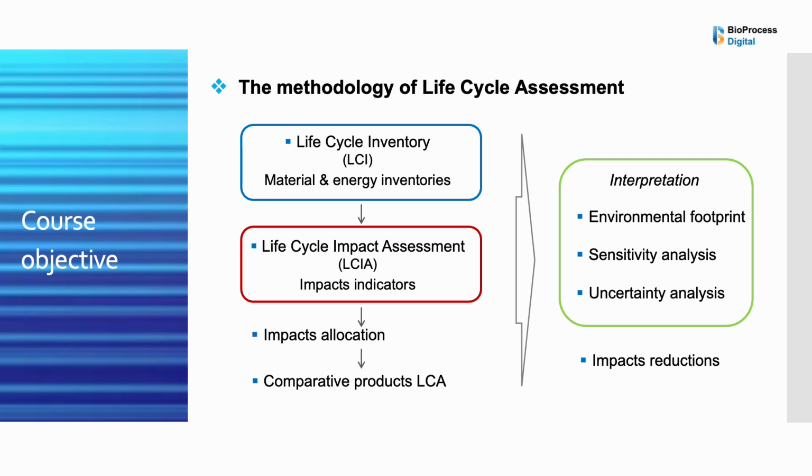The course will guide you through interpreting LCA results, focusing on product footprints, sensitivity analysis, and uncertainty analysis. You will also explore advanced topics such as impact allocation between products and byproducts, as well as conducting comparative LCAs of products with similar functions. Finally, you will examine strategies for environmental optimization aimed at reducing impacts.